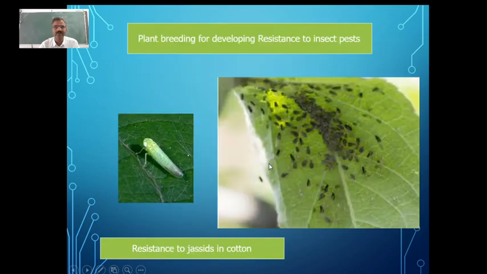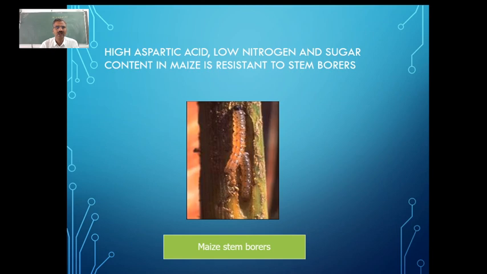So then we have the plant breeding for developing the resistance against the insect pests. We have examples like cotton, which is resistant to the jassids. These are one of the major insects which are causing havoc in the field of agriculture by damaging many plants here.